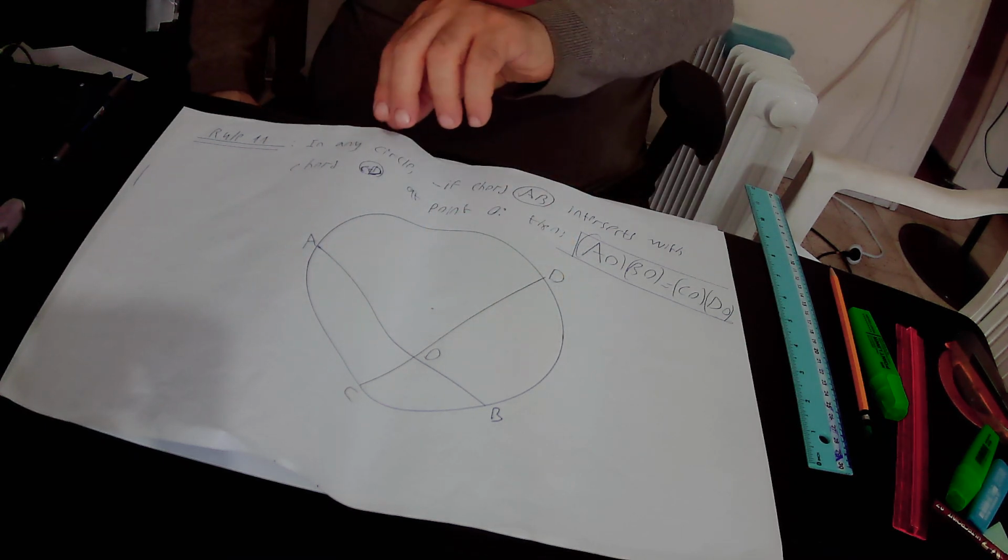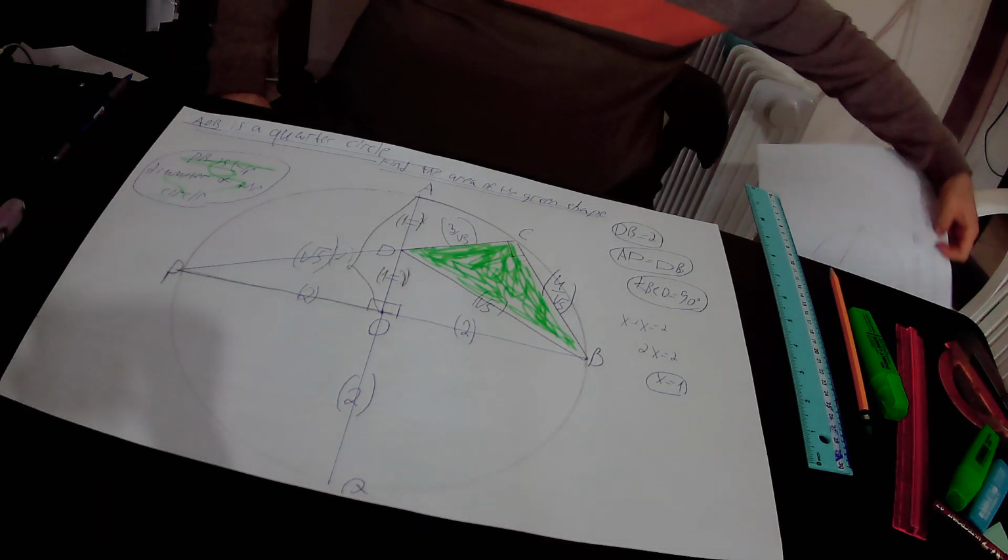We can actually implement rule 2 in our drawing. Why?